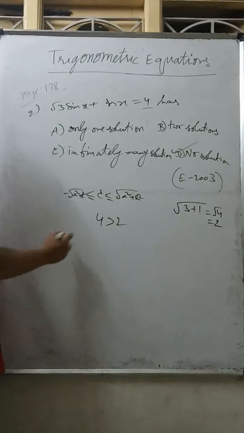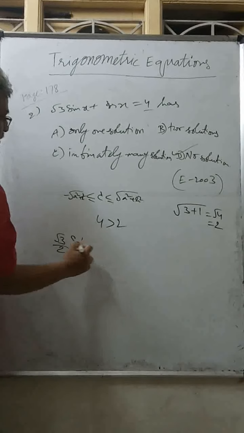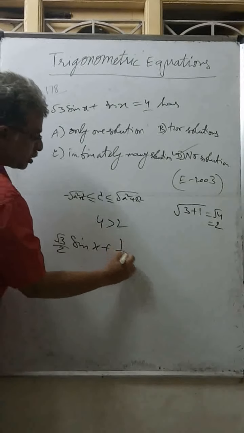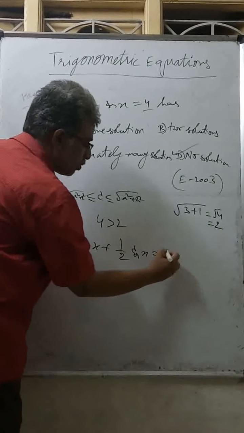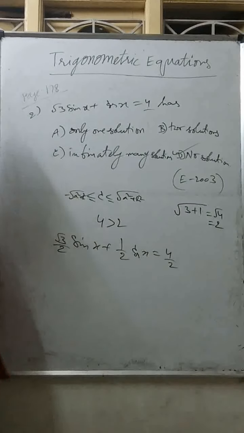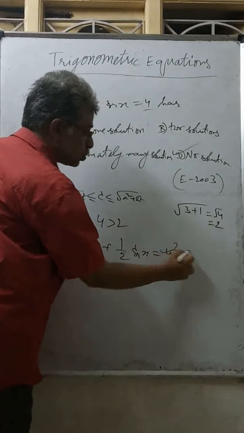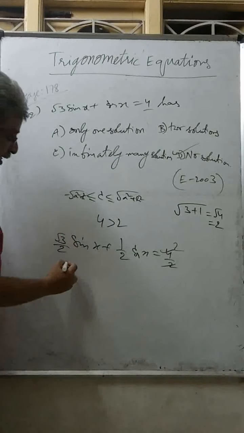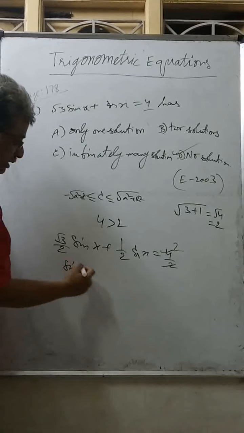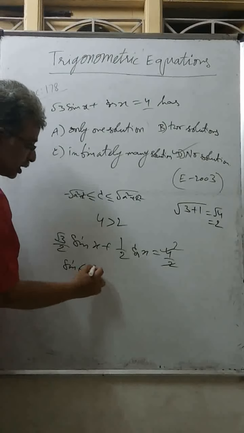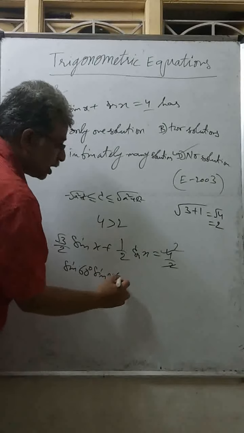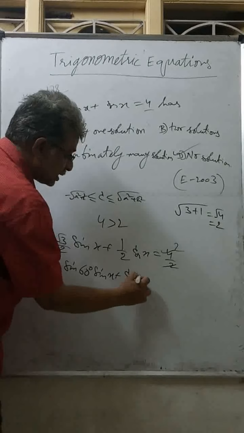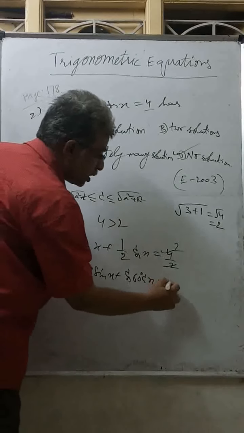Let us see what happens. Divide by root of a square plus b square: root 3 by 2 sin x plus 1 by 2 cos x equal to 4 by 2, if I divide by 2. So this becomes 2. Now root 3 by 2 is sin 60 degrees or cos 30 degrees, your choice of writing. Into sin x plus this is cos 60 degrees into cos x equal to 2.